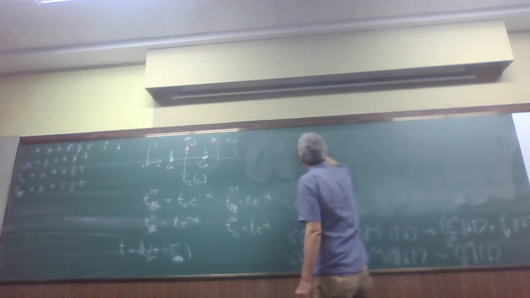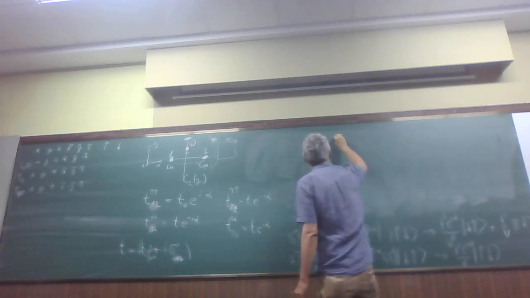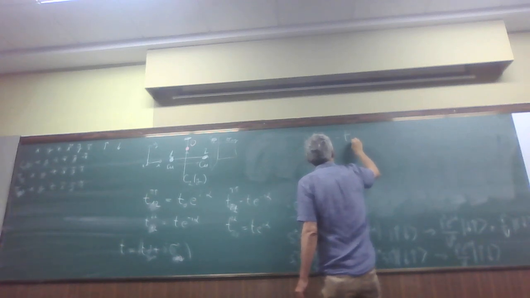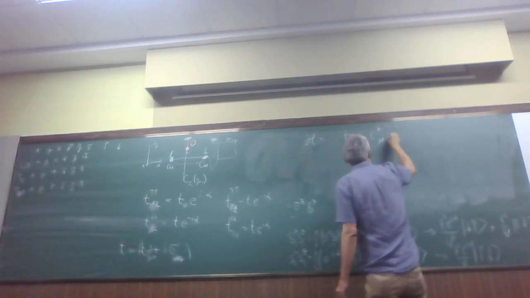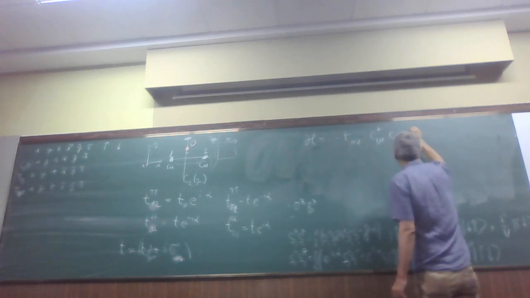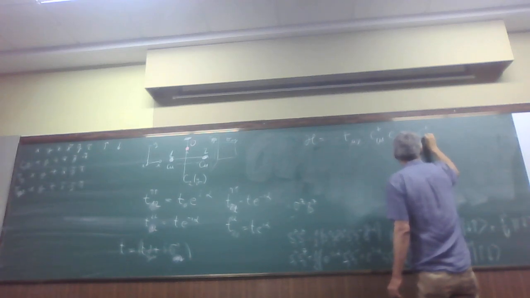Like the hopping Hamiltonian and then say minus 3 mu, mu theta 2, mu 1 theta 2.